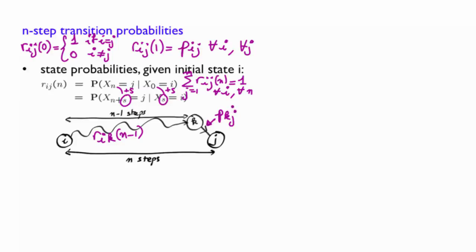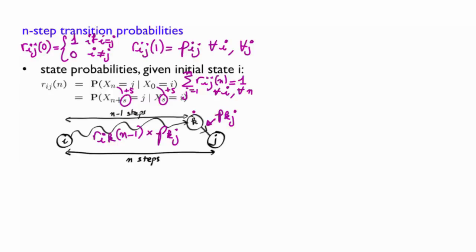So altogether, the probability of going from state i to state j in n steps and being in state k after n minus 1 steps is simply r_ik(n-1) times p_kj. Note that state k can be any of the finite number of possible states of our system.